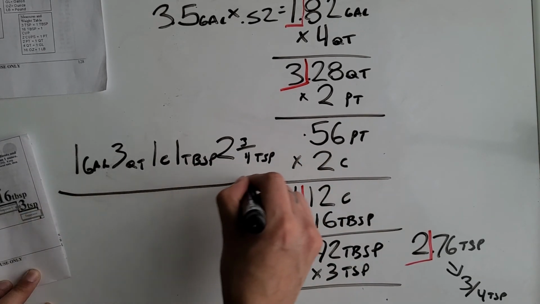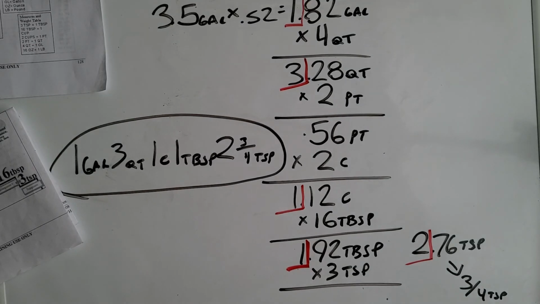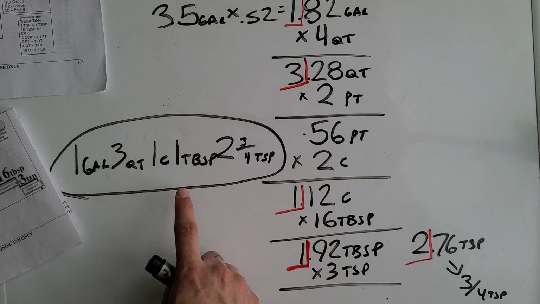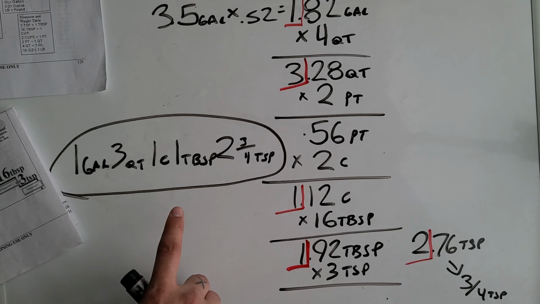So this is your final answer. It's pretty much saying you need this much water in order to make your 52 portions of the gravy.